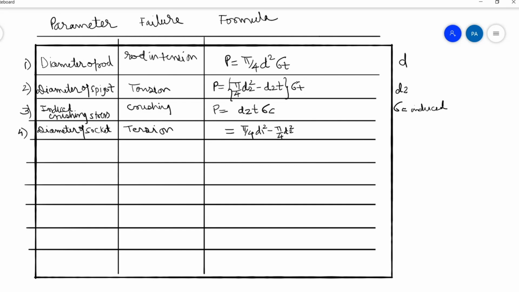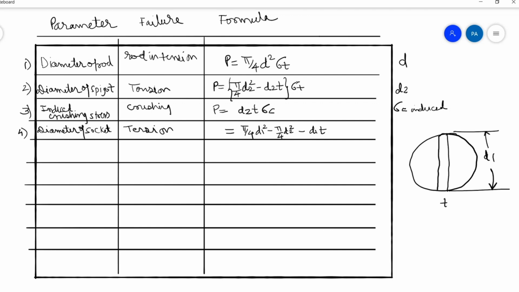Okay, so area between the circles minus d1t. d1t means we have subtracted the entire slot. See, this is d1. So when I say d1t, we are subtracting the entire slot, this thing. But out of which this one is already subtracted.